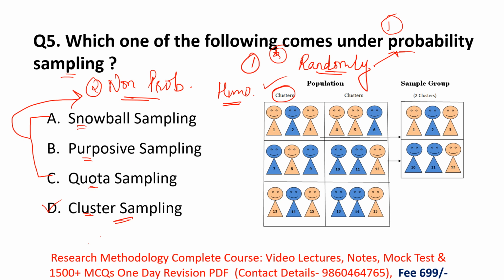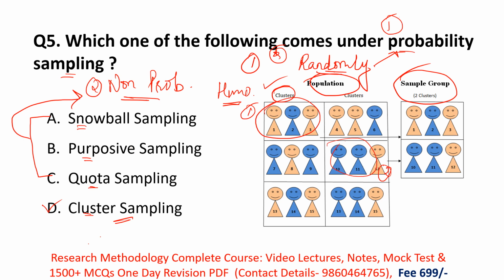Then, from this population, the researcher randomly selects a group or cluster as a whole. Here the researcher selected this group and this group, and this is the sample group. So this is known as cluster sampling.